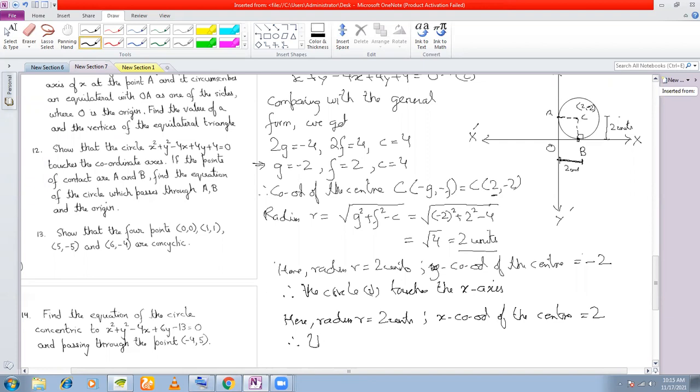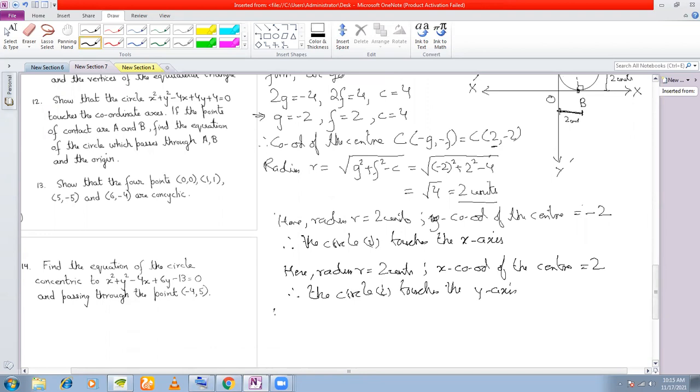So therefore the circle 1 touches the y-axis, right? So hence we say, hence the circle 1 touches the x-axis and the y-axis.